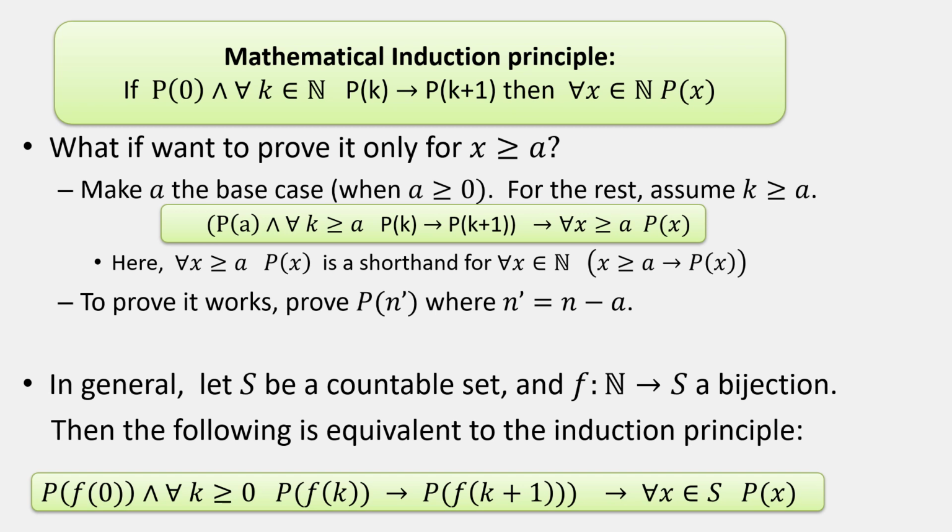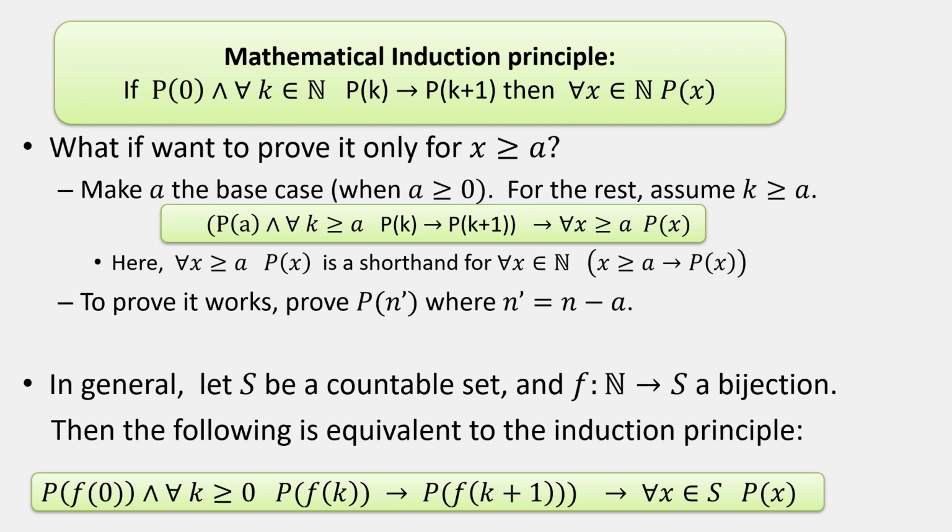And what it says is that we could actually start with any natural number a for our base case, and then just look at all the numbers that are greater than a for our induction step and induction hypothesis. And the reason it works is just because this is the same as proving induction on some n prime, which is equal to n minus a.